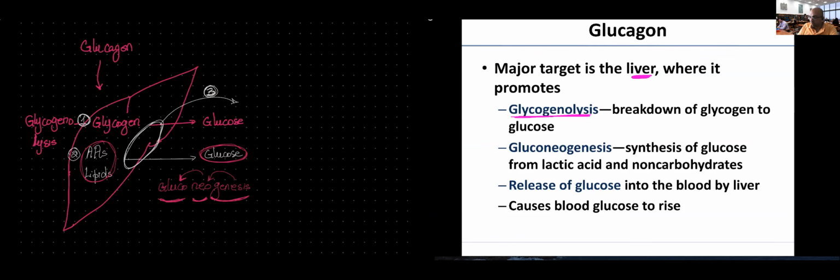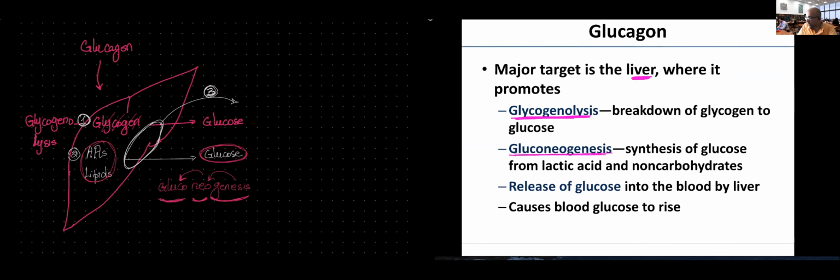So first action of the glucagon on the liver cells is to enhance glycogenolysis, the breakdown of the glycogen into glucose. Also, it is responsible for enhancing the gluconeogenesis, which is the formation of a glucose from a non-carbohydrate source, either from fats or proteins, or the intermediates of the fats and proteins.